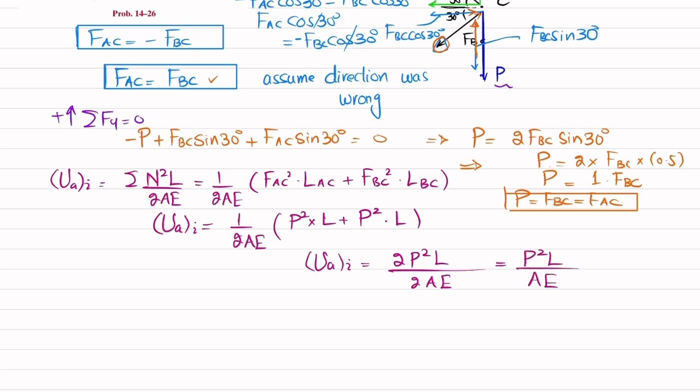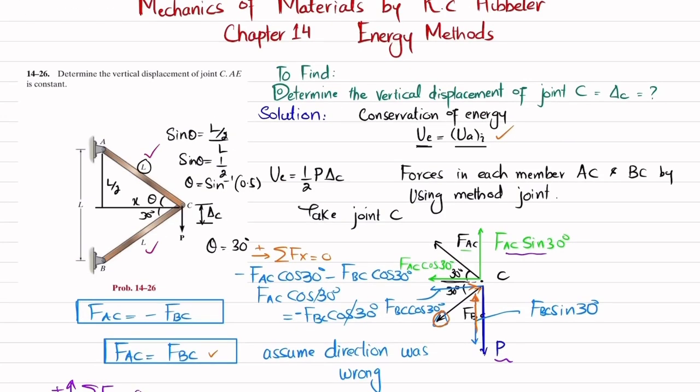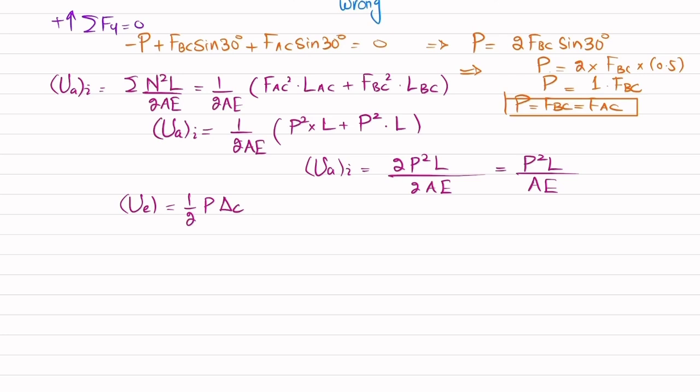Okay. Now what we will do is that we know that strain energy due to external load is equal to 1 over 2 P times delta C, which is written over here. This is equal to UE is equal to UAI. So 1 over 2 P into delta C is equal to P square L over AE. Clear?